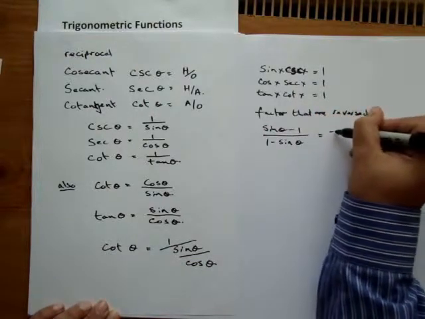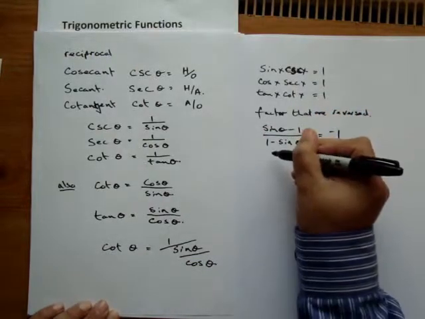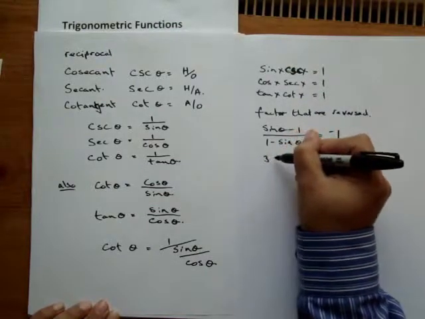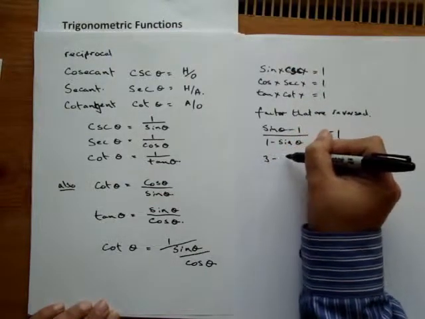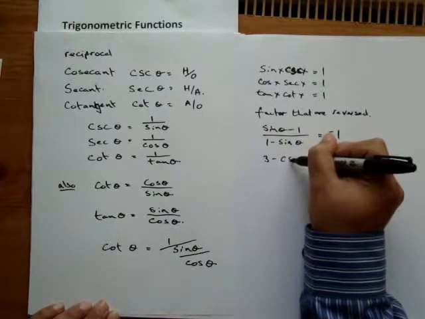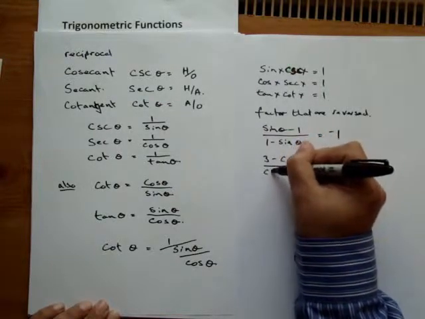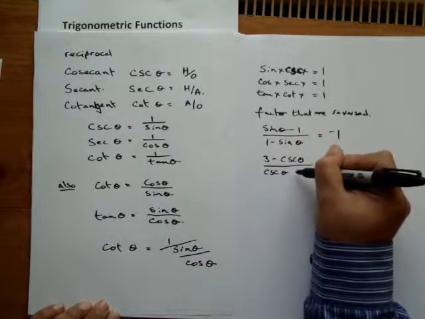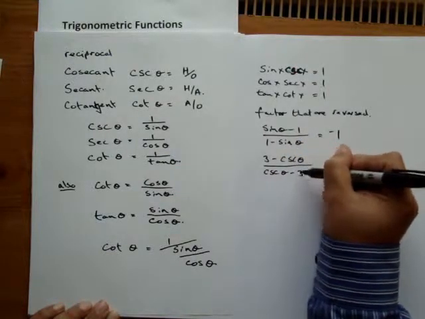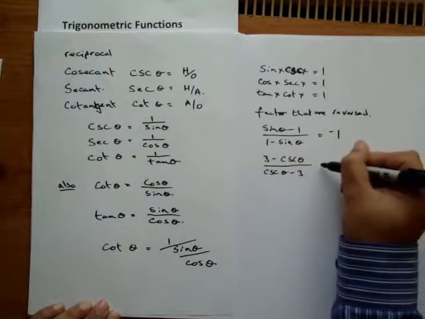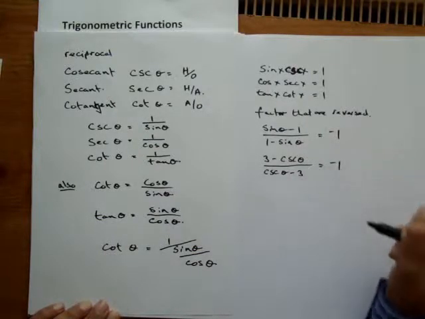This equals minus 1. If we have something like 3 minus cosec theta over cosec theta minus 3, these are reversed on top of each other, that equals minus 1.